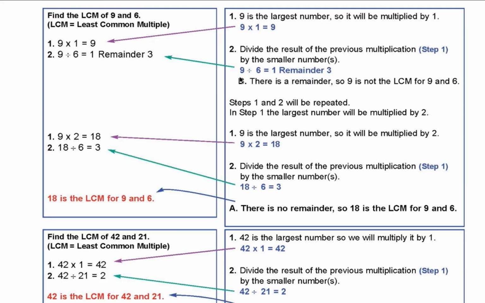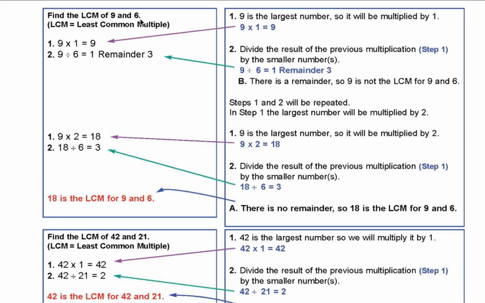Again, I will repeat. We divided the result of the previous multiplication by the smaller number. The result of the previous multiplication is 9. So we divided it by the smaller number, which in this case is 6.